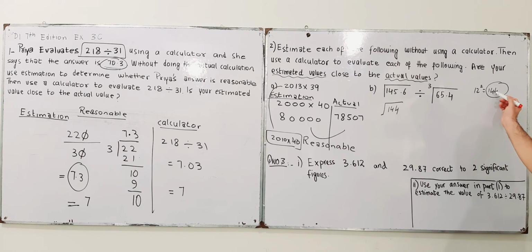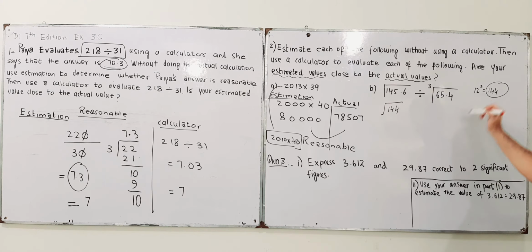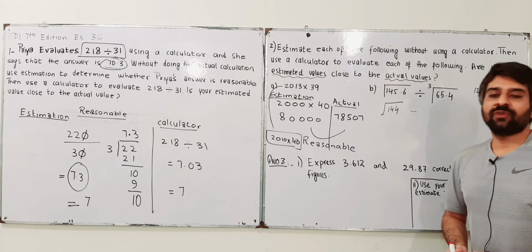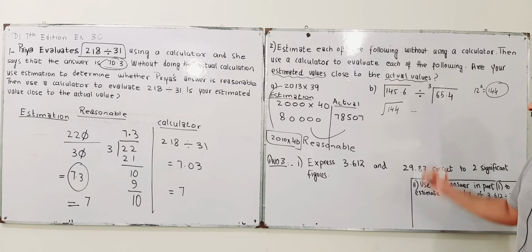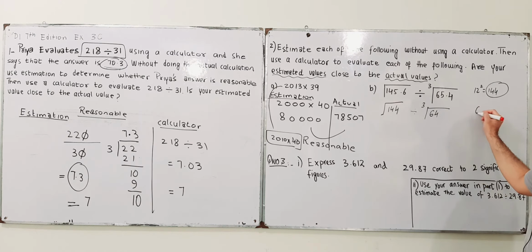A square number means a number whose square root gives you a whole number, like the square root of 144 gives me 12. What about the cube root of 65.4? 65.4 can be written as 64, because 64 is the cube of 4. I need a cube number here because I have a cube root, and a square number here because I need to take a square root.